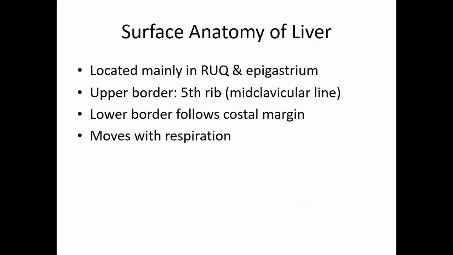So as discussed earlier, the liver is located mainly in the right upper quadrant, and if we look region-wise, its main part is present in the right hypochondriac region along with the epigastrium, while the upper border is at the fifth rib at the midclavicular line, and the lower border follows the costal margin.